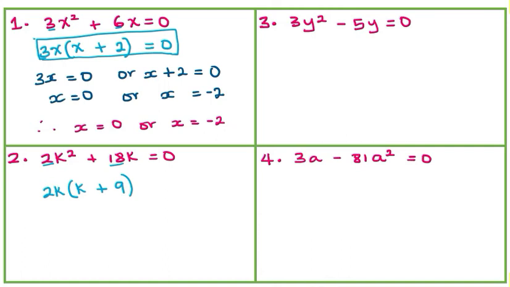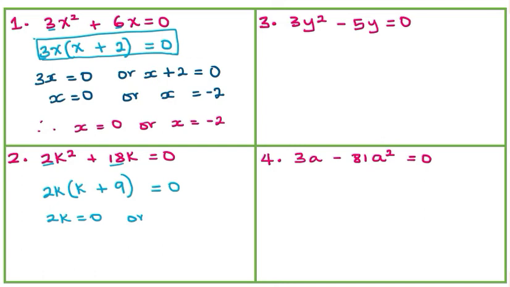Now, this is the factored form of this quadratic equation. So we see that 2k equals 0, or k plus 9 is equal to 0.